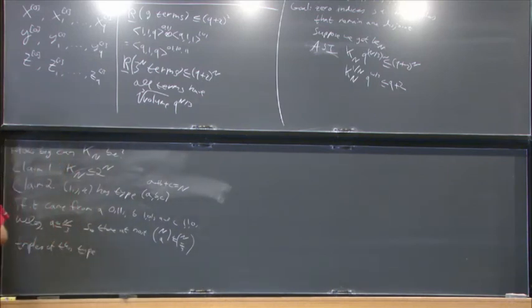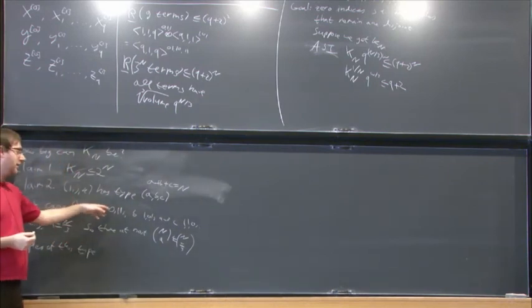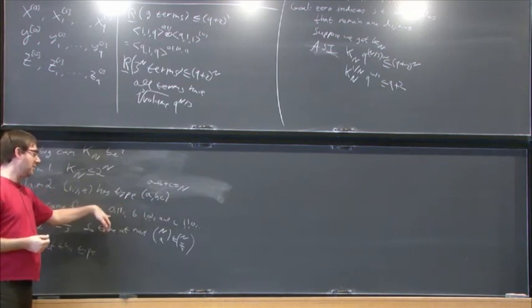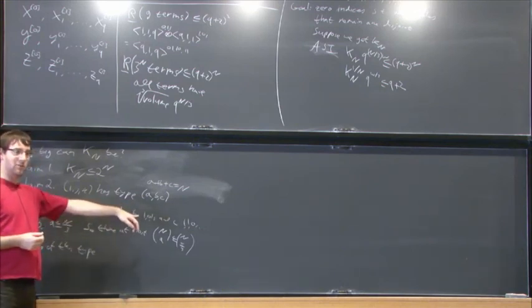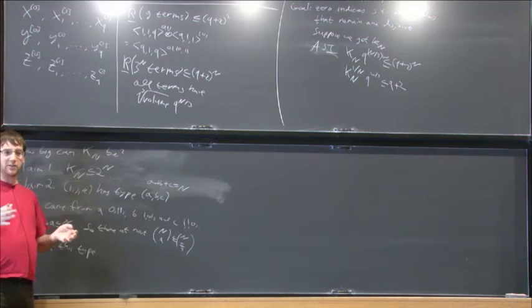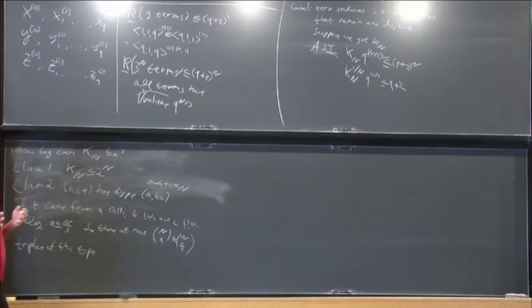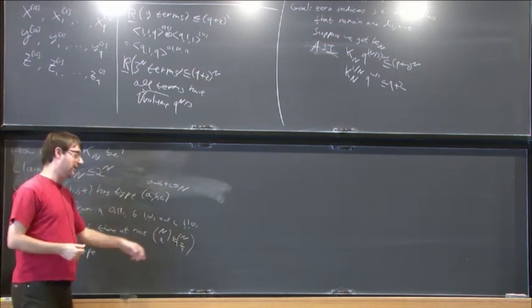Why is that? If you look only at the x indices, then there are A which are 0 and n minus A which are 1. So there are only n choose A different possible x indices. And we can always choose one of A, B, or C which is at most n over 3. So we get this bound n choose n over 3.